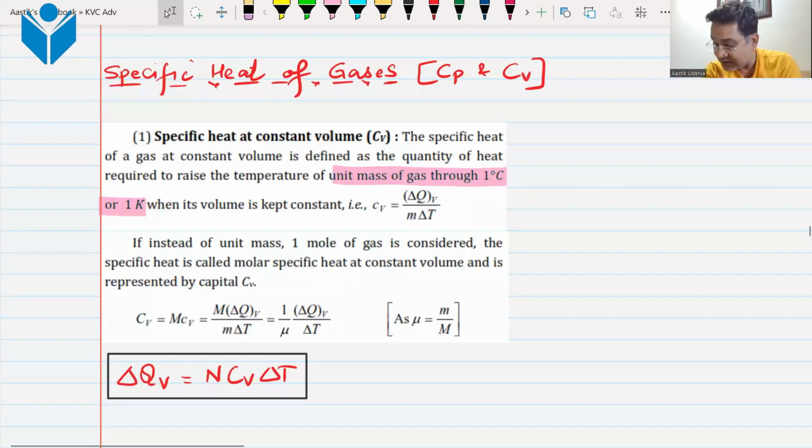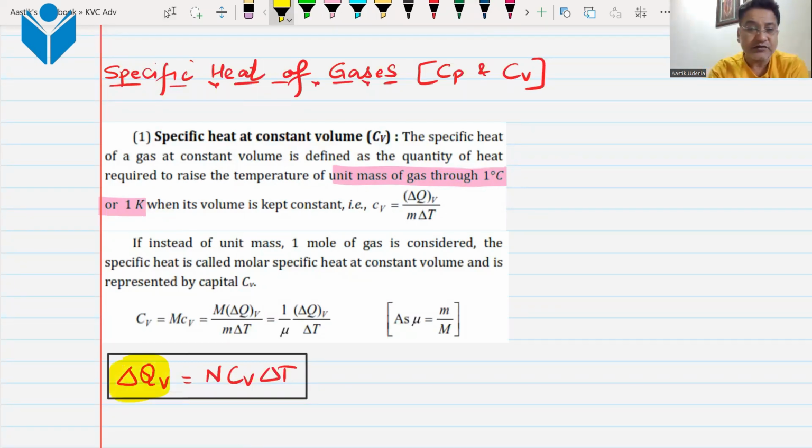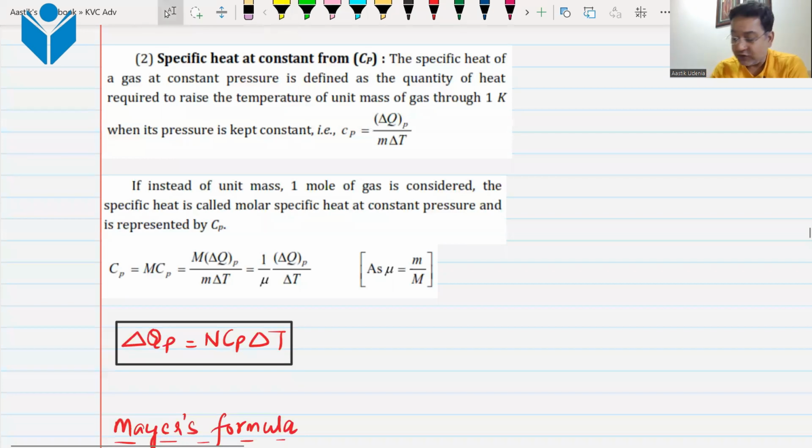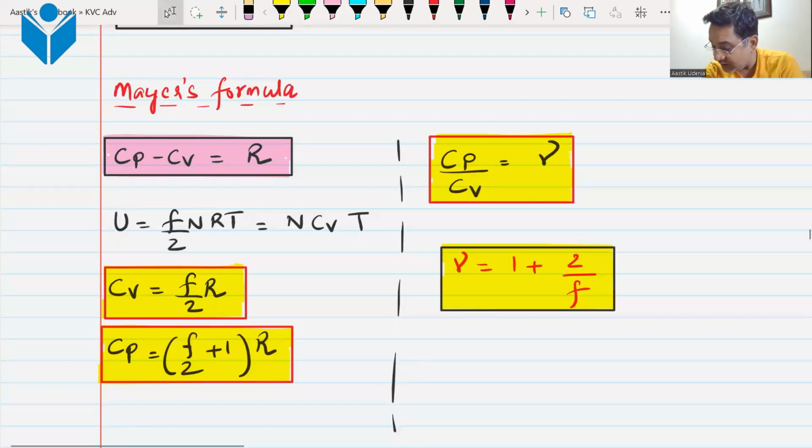Specific heat at constant pressure, constant volume. The amount of heat given during an isochoric process is nCv delta T. The amount of heat given for an isobaric process is nCp delta T. Cp is (f by 2 plus 1) R. Cv is f by 2 R.